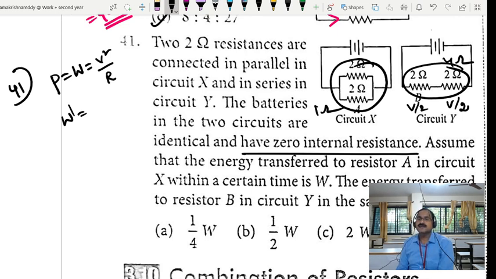When two are connected in parallel combination, the effective resistance is 1 ohm. When two are connected in series combination, the effective resistance becomes 4 only, because 2 ohm plus 2 ohm becomes 4 ohms.